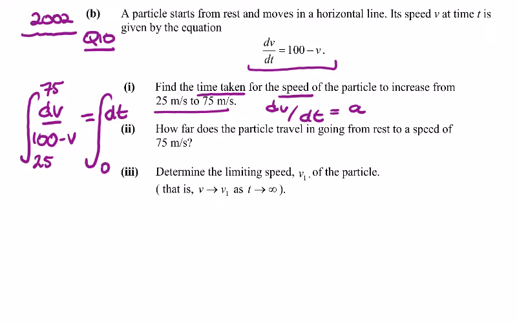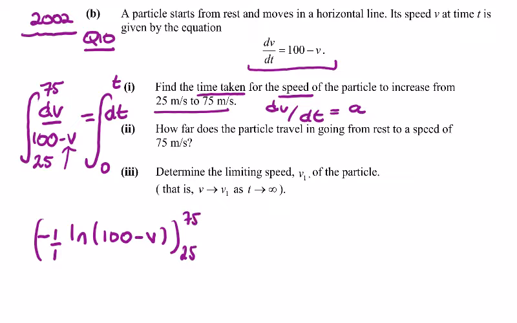So let's have a look at time. If we integrate this, this minus 1 in here will go in front, so it's going to be minus 1 over 1 by the natural log of 100 minus v, and that will be between 25 and 75, equal to t between t and 0.